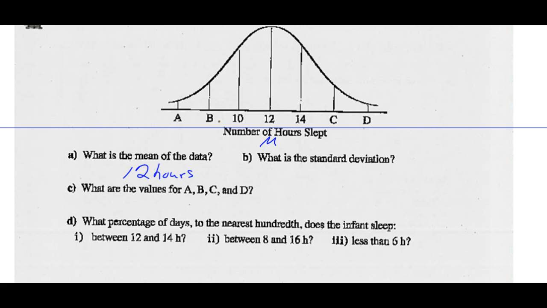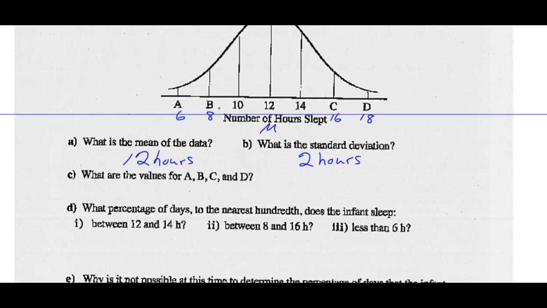What is a standard deviation? Well, it tells us that each is divided into standard deviations, so from 14 to 12 is 2 hours. So 1 standard deviation is 2 hours. What are the values of A, B, C, and D then? Well, we're going to go down 2 from 10 and down 2 from 8 and up 2 from 14 and up 2 from 16. So A is 6, B is 8, C is 16, D is 18.